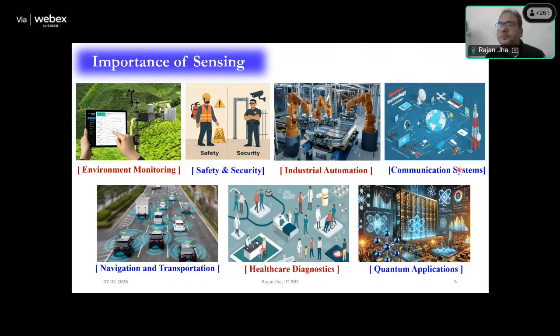Needless to mention, all of us use mobile phone systems, and the way communication systems have evolved, you require a lot of sensors there also, while you are transmitting the data or collecting the data.